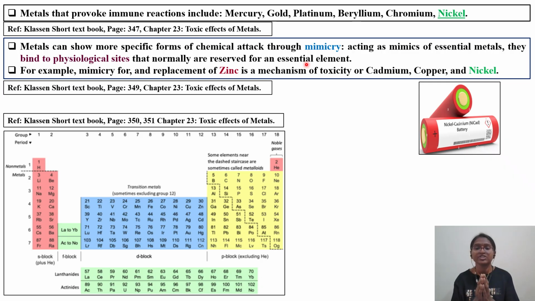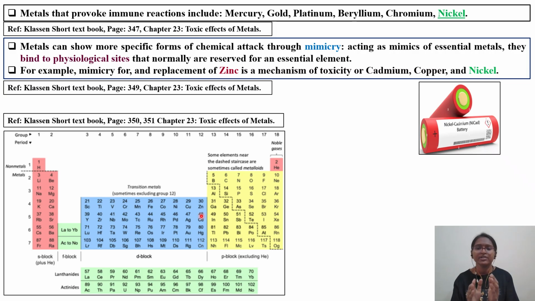It has no essential nutritional value, but deficiency will cause some kind of adverse effects in the case of animals. But what is happening is, whenever nickel is there in our body, it is replacing important essential metals like zinc. Instead of zinc, either nickel will bind, or other examples they have given like cadmium and copper will bind. Why? What is the nature? If you look into the periodic table, nickel belongs to the transition elements, and zinc also belongs to the transition elements.